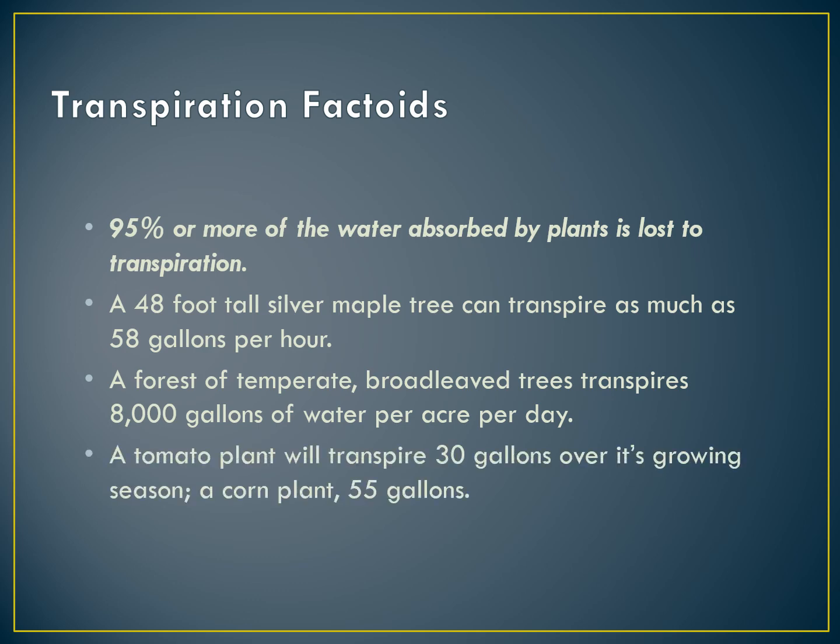A tomato plant will transpire 30 gallons over its growing season, a corn plant 55 gallons. So the point is, you can see that a lot of water is absorbed by plants and a lot of water is lost to transpiration. Most of the water absorbed by the roots is lost to transpiration. And you may wonder, well, why transpire at all? Well, the fact is, plants have to transpire to move water up to great heights.